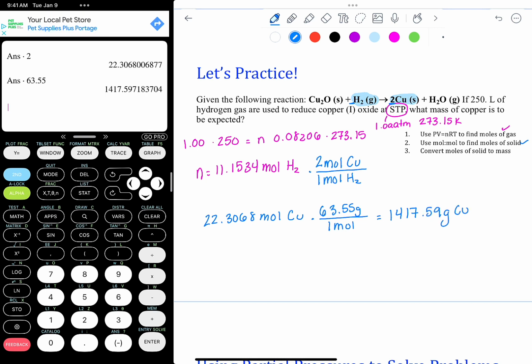With sig figs, this would be 3 significant figures, so we would have 1.42 times 10 to the 3rd grams of copper as our final answer. So from 250 liters of hydrogen gas, we would produce 1.42 times 10 to the third grams of copper.